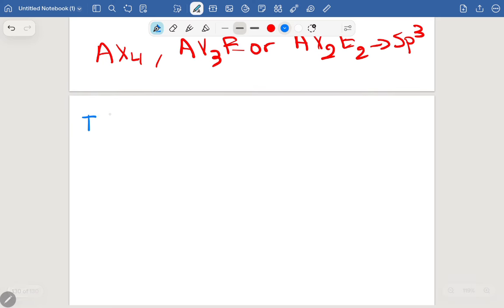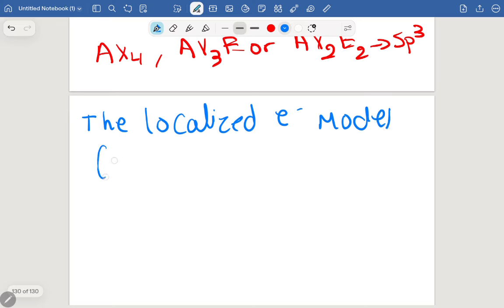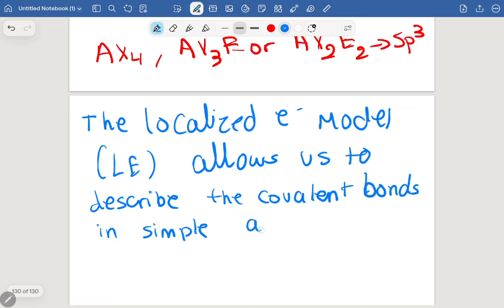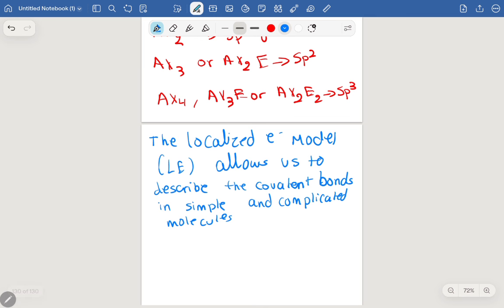The localized electron model, which is referred to as LE, allows us to describe the covalent bonds in simple and complicated molecules, and all of this is based on the Lewis structure, the VSEPR model, and the atomic orbital types.